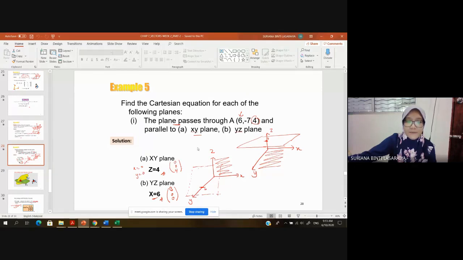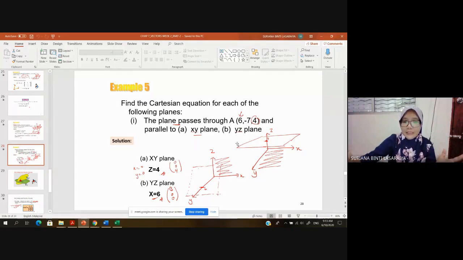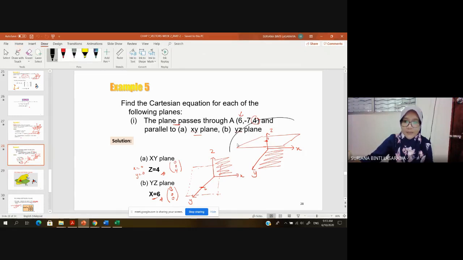Boleh understand? Okay, so in vector ni kan, because it is in 3D, okay, so X, Y, Z. So you imagine that you can pusing the object tu. So maksudnya paksi X, Y, Z ini you can pusing as well. So if you cannot see where is the YZ plane, kalau ini senang sikit kan, kamu sketch kan dia punya itu.